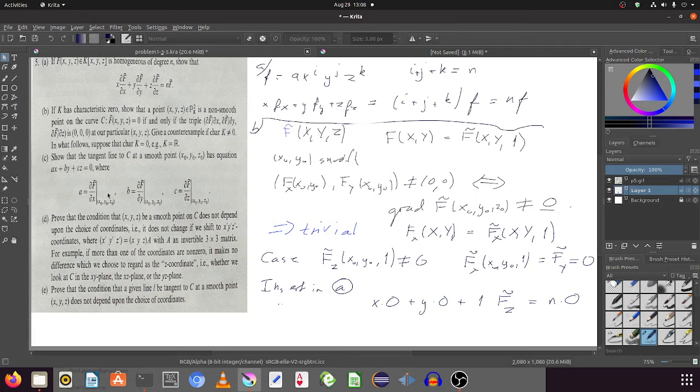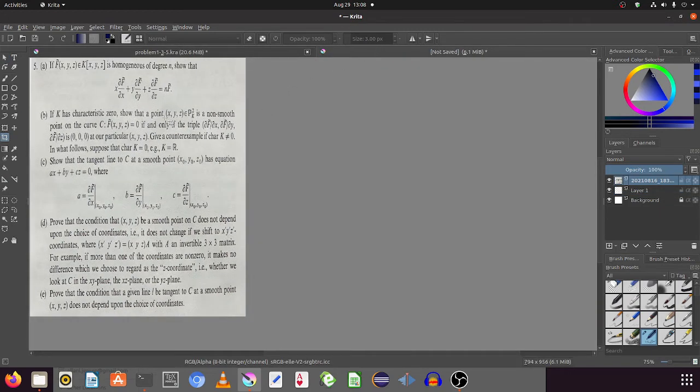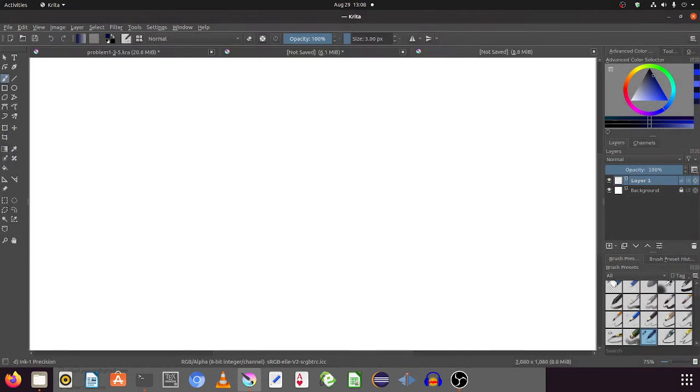So the tangent line. Oops, let's get a new one. It's a(x minus x naught) plus b(y minus y naught) equals 0.